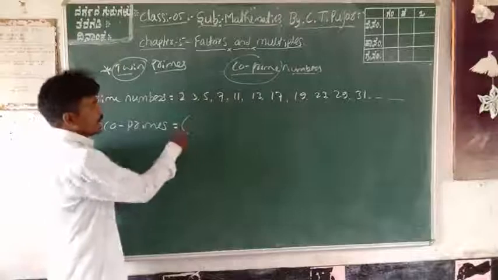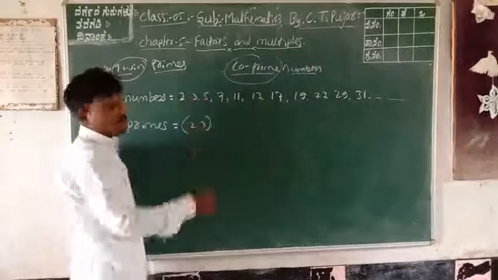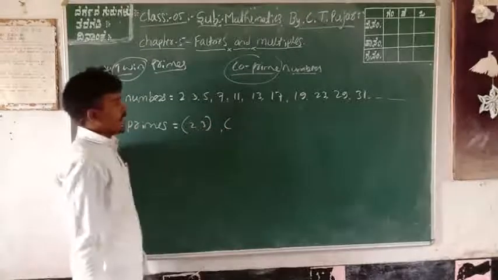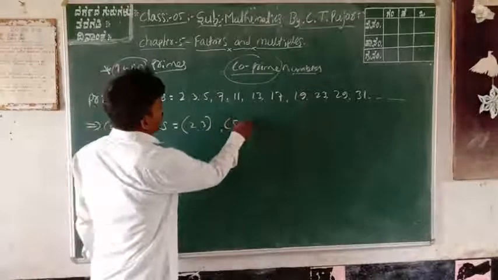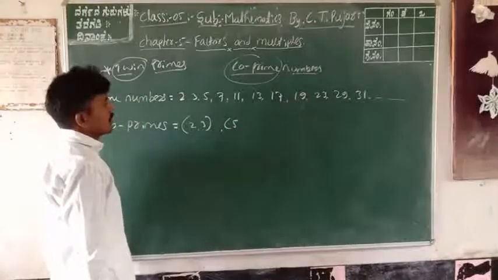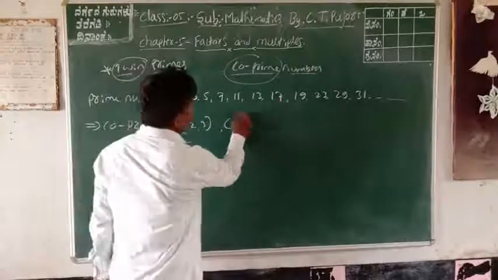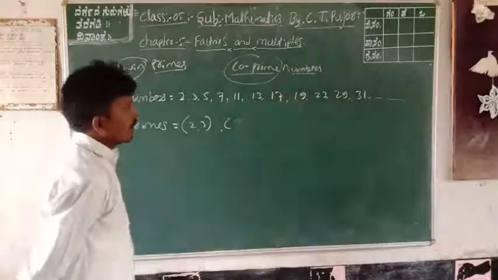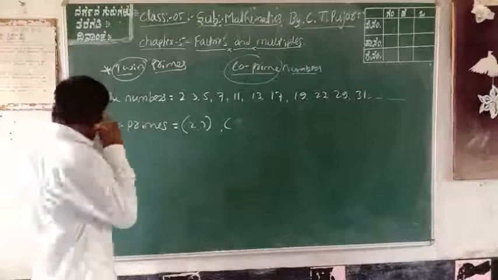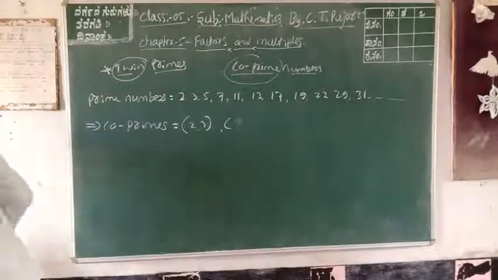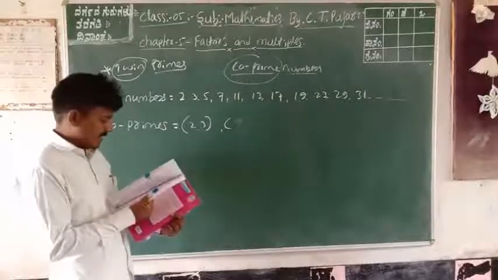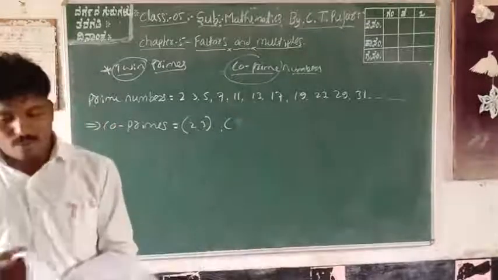Written like this, 2 and 3 is one pair of co-primes. Next, 5 and 6. 2 and 3 are co-prime because the only common factor is 1.